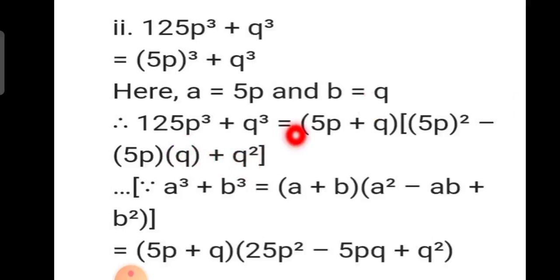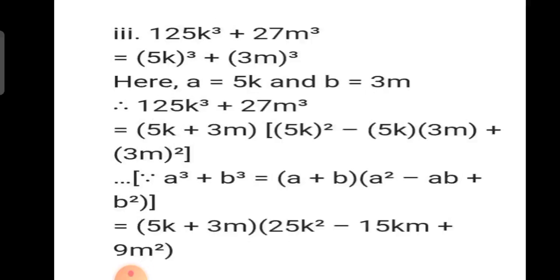So 5p plus q. Then a square means 5p the whole square, minus a times b means 5p multiplied by q, plus b square means q square. So it is equal to 5p plus q, which remains as it is, and 5p square is 25p square, minus 5pq, plus q square. Okay students, so in this way you can solve this example.